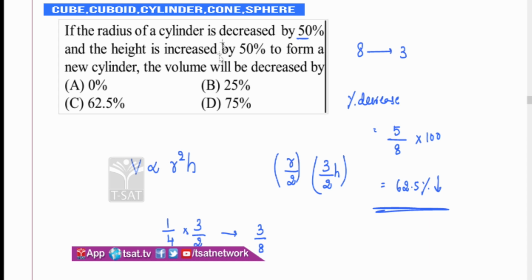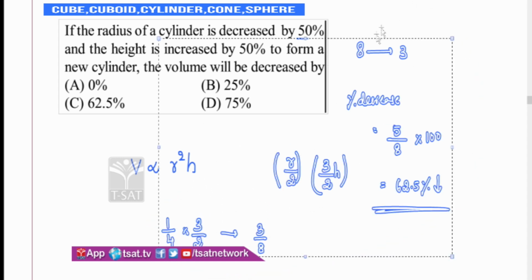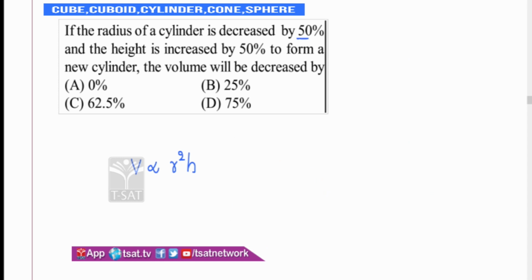If you want to look at it in terms of percentage formula: radius decreased by 50% means you have to apply this 50% decrease twice, 50% decrease followed by 50% decrease. Then height is increasing by 50%, therefore, it is 50% increase. Now, for increase followed by increase, you can use the formula x plus y plus xy by 100.